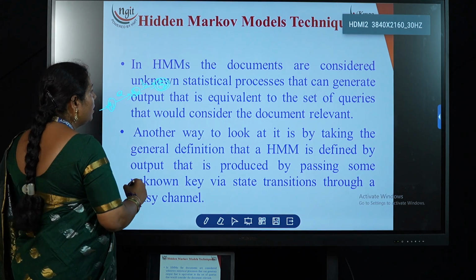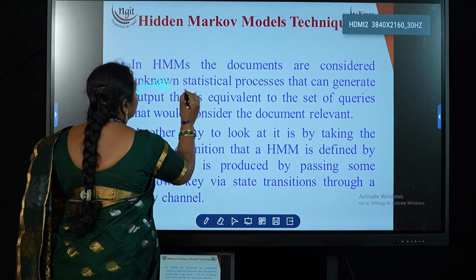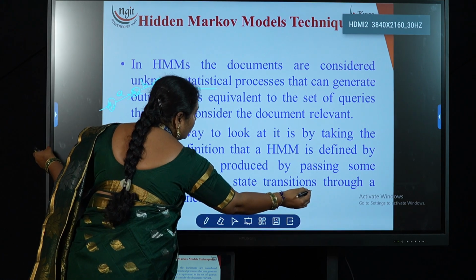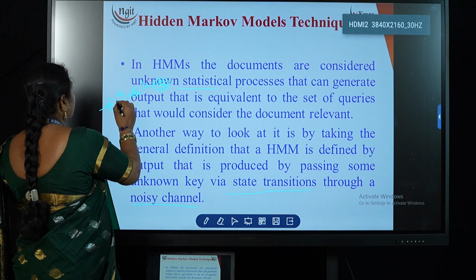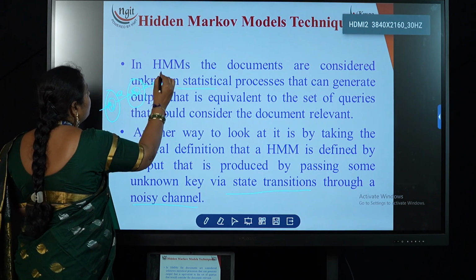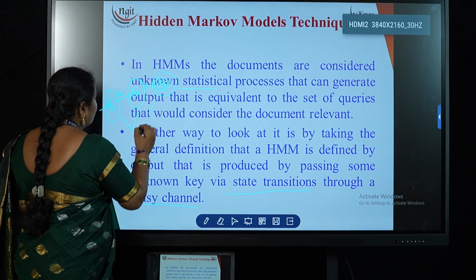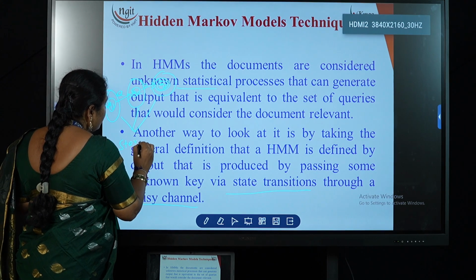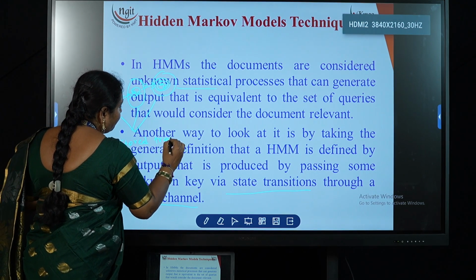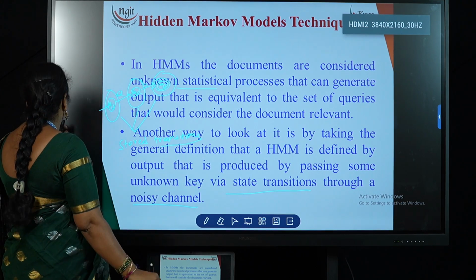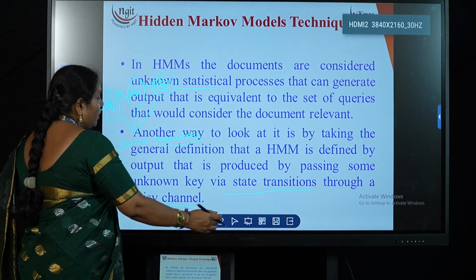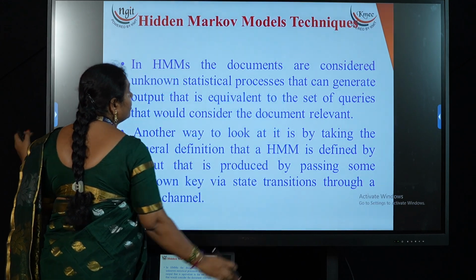Similarly, either you can go for the unknown statistical process or you can create one state transition through the noisy channel. Whatever documents you are going to use have to be stored as transitions. So this can be viewed, and you can easily identify the relevant one for your search.